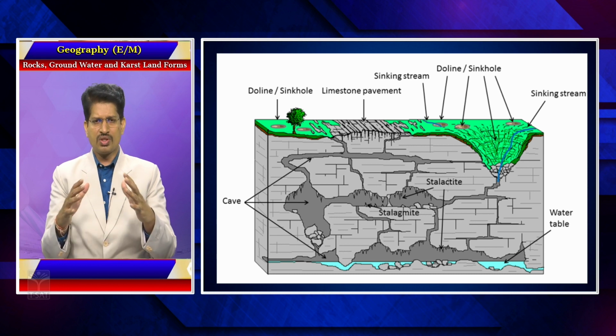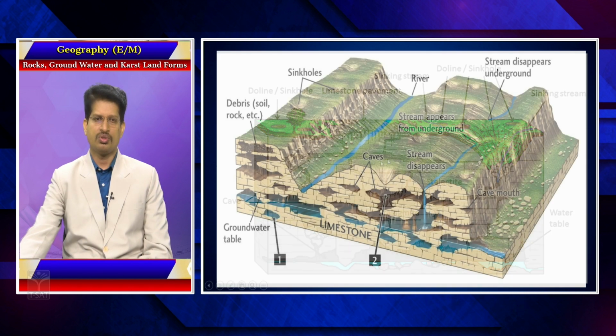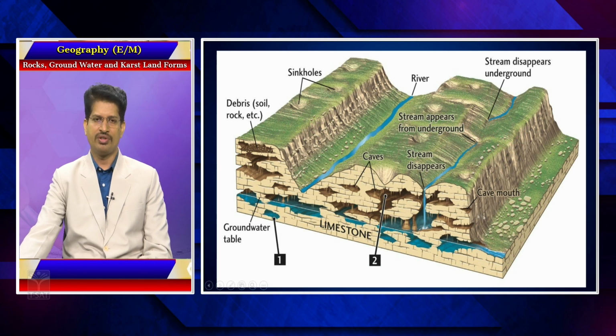So chambers, caves, sinkholes, swallow holes and dolines are some of the structures formed in this kind of topography known as karst topography. This is how you have different features: caves formed in the interior, streams flowing, the river which disappears, sinkholes.